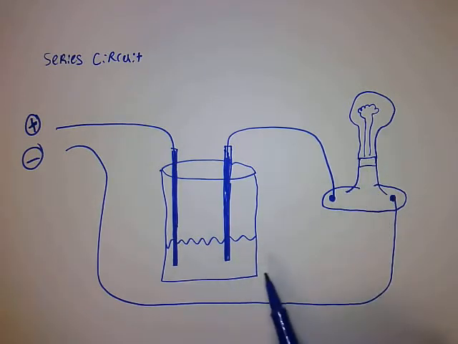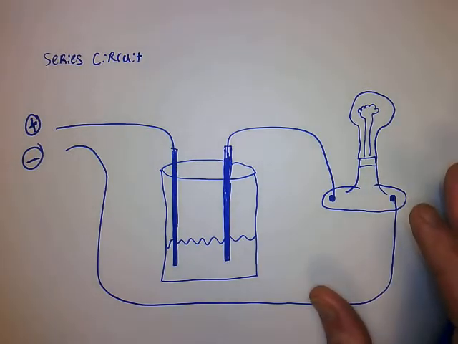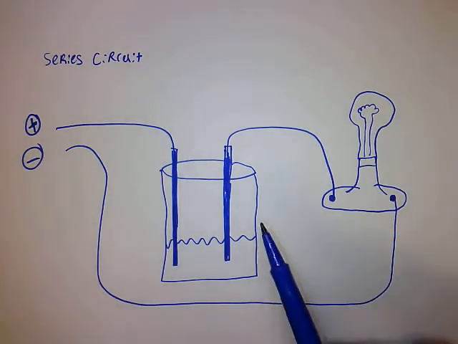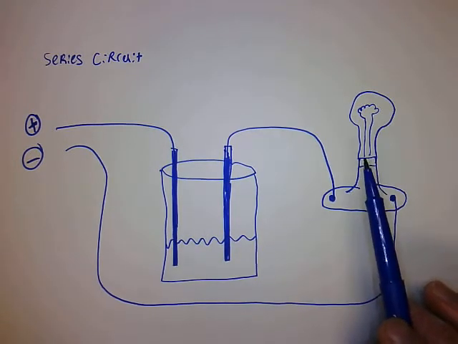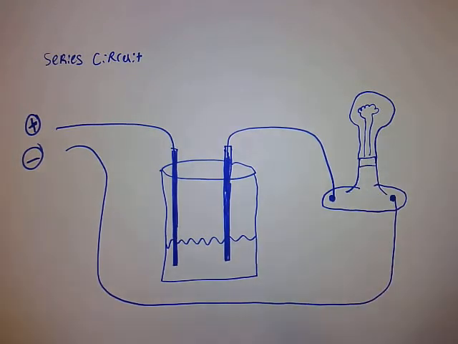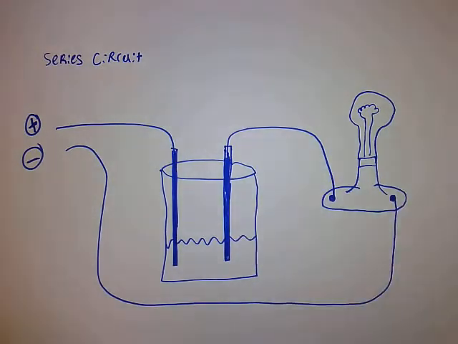If you put something like acetic acid, the weak acid, a weak electrolyte, it would light, but only a little bit. So a strong electrolyte, the light bulb will light. Non-electrolyte, it will not light. And a weak electrolyte, it will light a little bit.